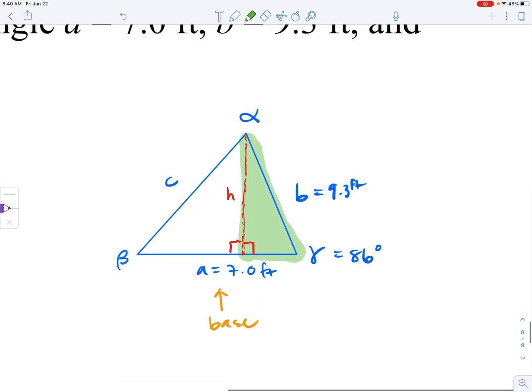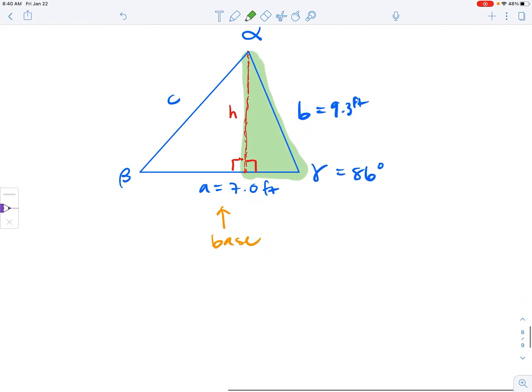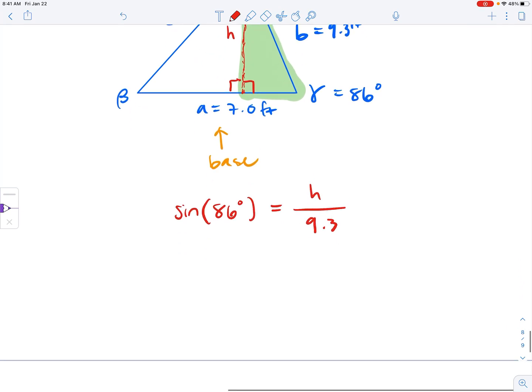If I focus on just the right triangle on the right side here, then I know the angle gamma, and in order to solve for the height, I can use SOHCAHTOA. Okay, so since I'm solving for the side opposite and I know the hypotenuse of that right triangle, I'm going to use sine of 86 degrees equals the height over the hypotenuse.